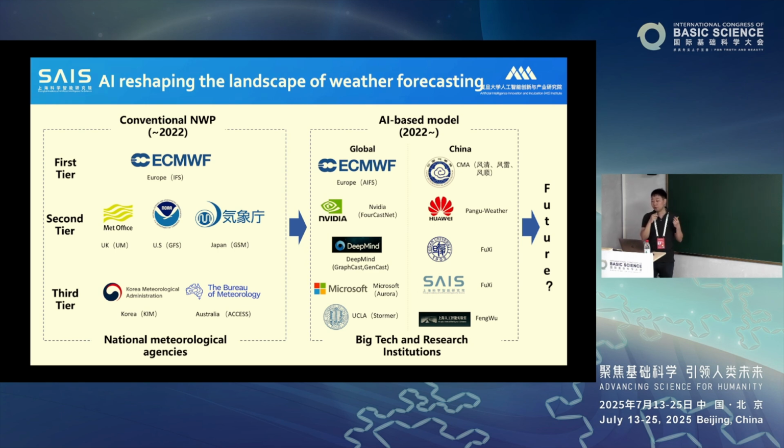Compared to conventional models, AI-based models are much simpler in terms of the number of lines of code used to develop them. And thanks to the abundance of data we have in meteorology, we have many very well organized datasets that can be easily used by AI modelers. We don't know about the future right now, but I think more and more parties will join AI for weather forecasting.